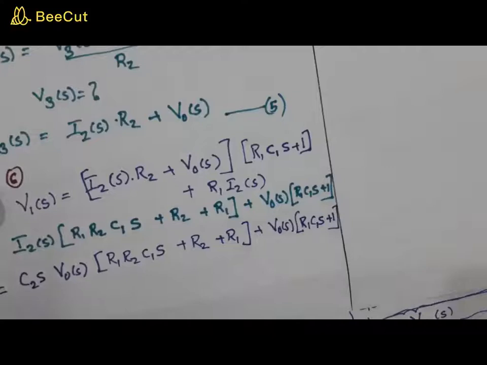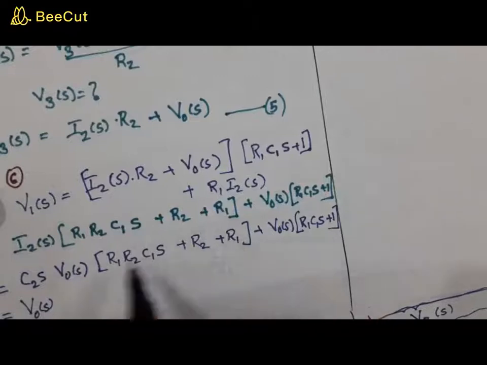Now you can take V0 of s common. Don't forget about this C2s. This C2s has to be multiplied along with each term inside this bracket.